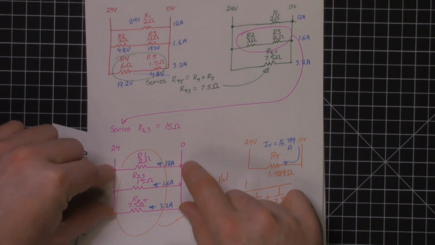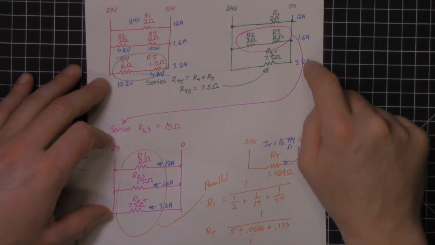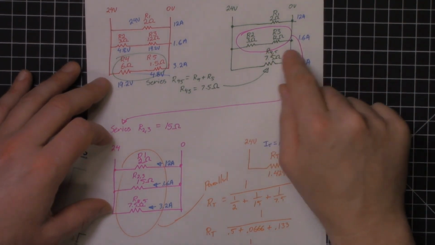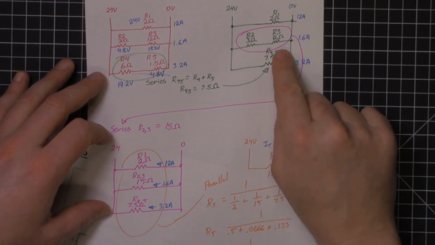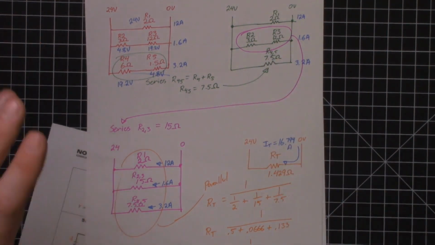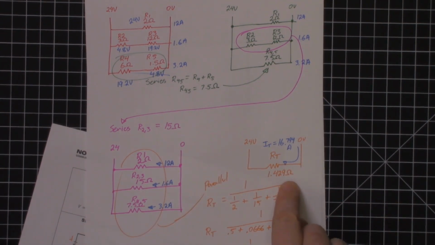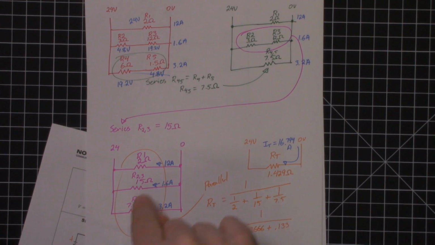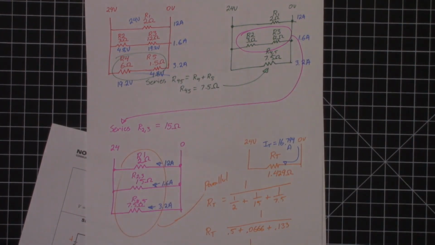They'll all have 24 volts, so we calculated the amps. Plug those numbers in here. We found the amps through this branch, so we could say, well, in a series circuit the currents are the same, so we can then calculate voltage drop. So break it down to its simplest form, a total resistance, then work your way backwards, trying to find either voltage or current, until you've got everything solved.